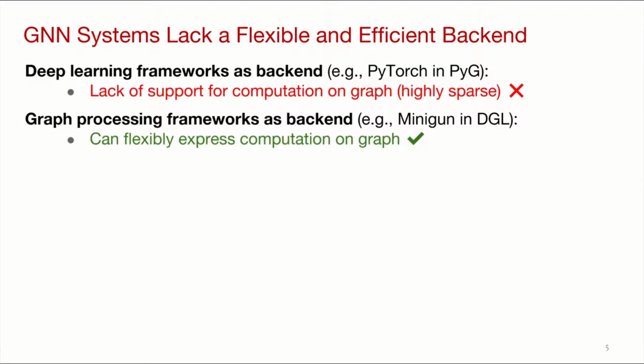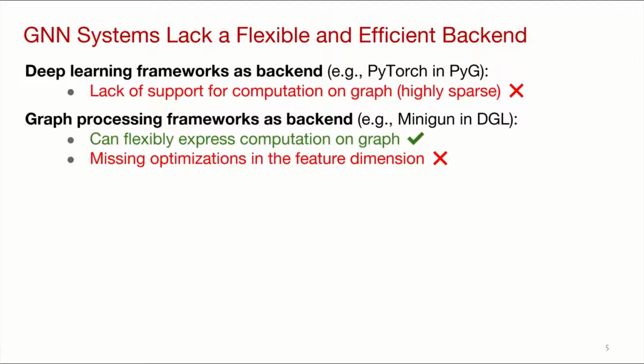They can easily express the building blocks of GNN models, which is good. The challenge is that these graph processing frameworks are not efficient in handling GNN workloads. They are designed for traditional graph workloads like BFS or PageRank. In these traditional graph workloads, each vertex and edge is associated with a scalar, but in the case of GNN models, it's a feature tensor.